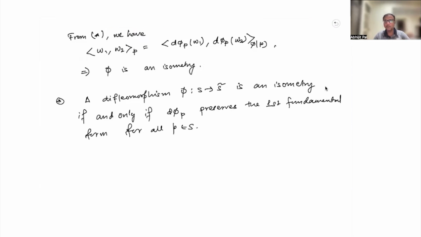Okay. So we have defined isometry. Now let me give some examples.